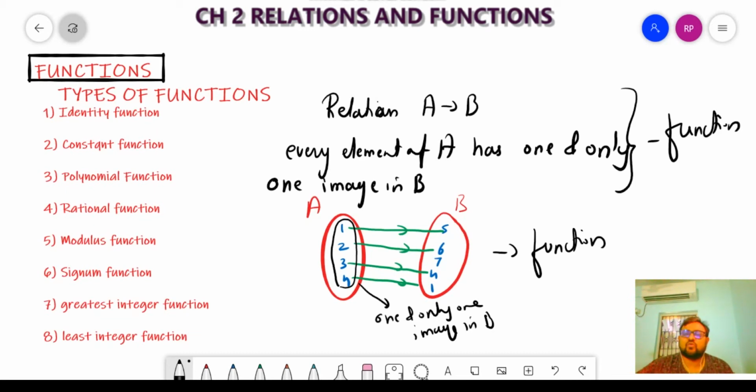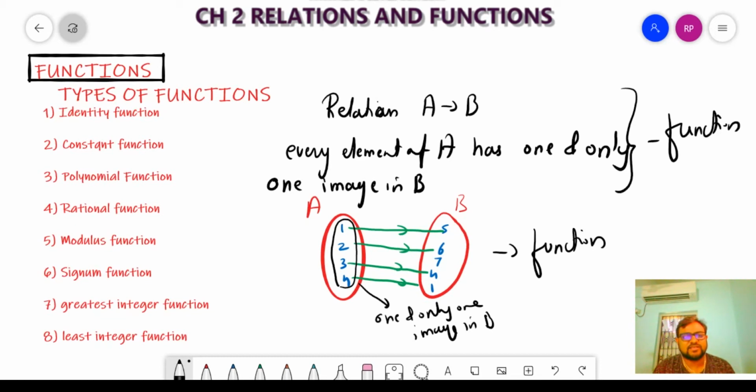Clear? So remember, a function means each element of set A will have one and only one image in set B. Then only you can call it a function.